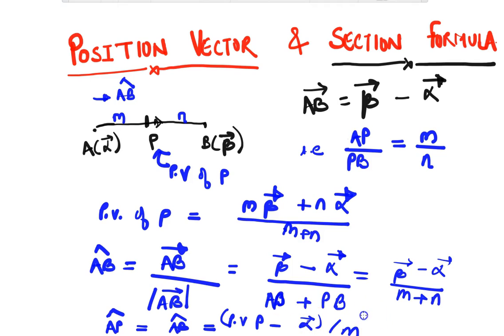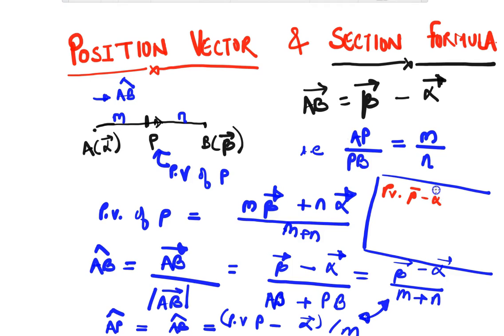So if we solve these two equations, we can say position vector of P minus alpha vector upon m is equal to beta vector minus alpha vector upon m plus n.